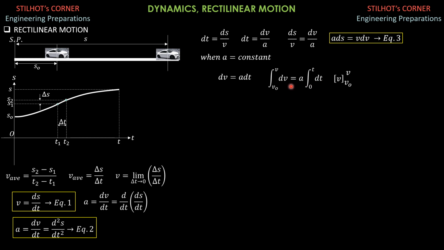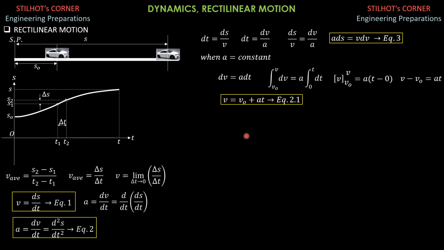So v minus v0 equals a times the quantity t minus 0, so v minus v0 equals at. Therefore we can form the first equation in rectilinear motion with constant acceleration: final velocity is equal to v0 plus at, or the instantaneous velocity is equal to v0 plus at. Call that equation 2.1 because it comes from equation 2.